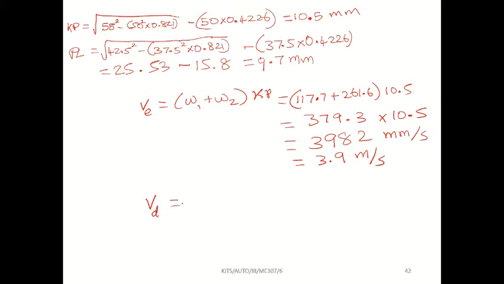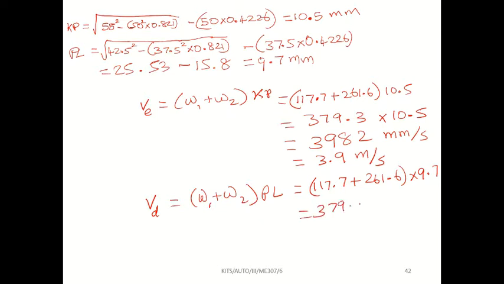Similarly here, velocity at disengagement is same, omega 1 plus omega 2 into PL, equal to 117.7 plus 261.6 into 9.7, that is 379.3 into 9.7.